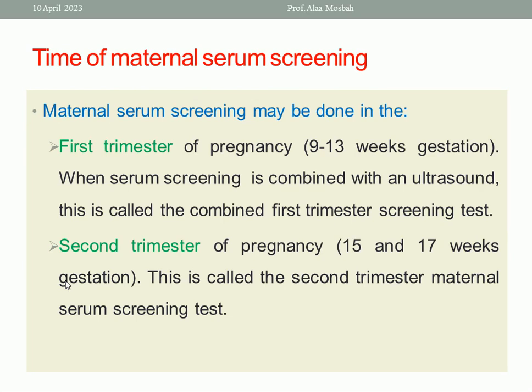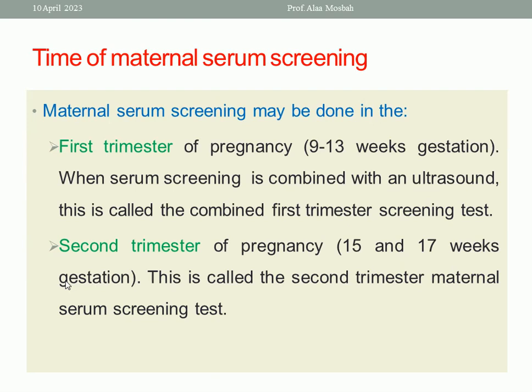When serum screening is combined with an ultrasound, this is called combined first trimester screening test. So, I can do maternal serum screening during first trimester between 9 and 13 weeks of gestation. But if I add ultrasound, this test is called combined first trimester screening test.